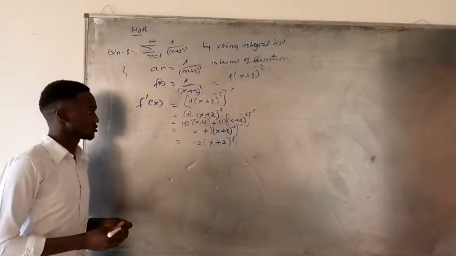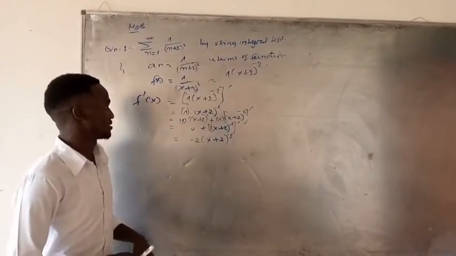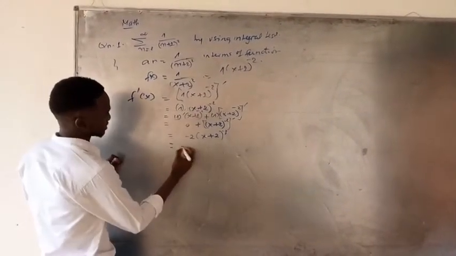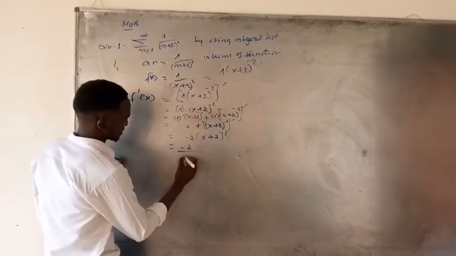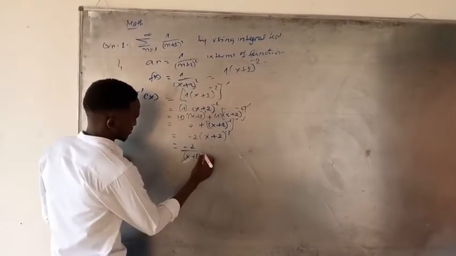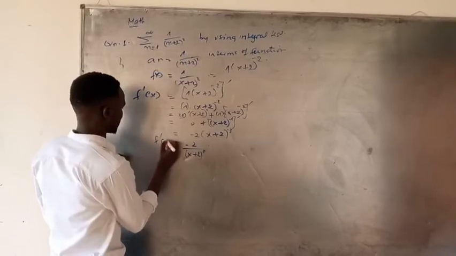As you see here, we take minus 1 in the derivative. Then this can be expressed as minus 2 over (x plus 2) to the power 3. This is our first derivative of f of x.